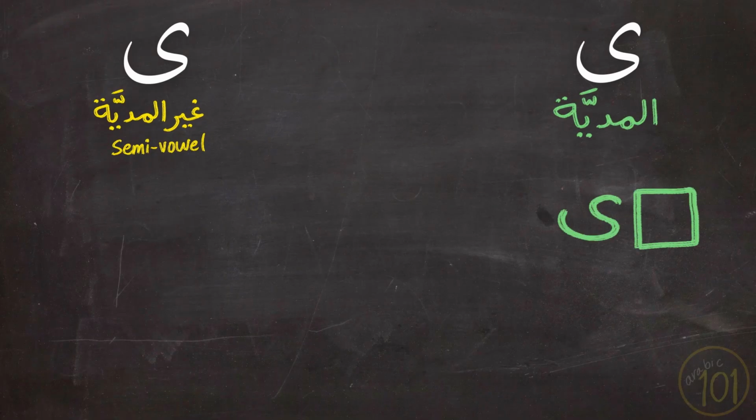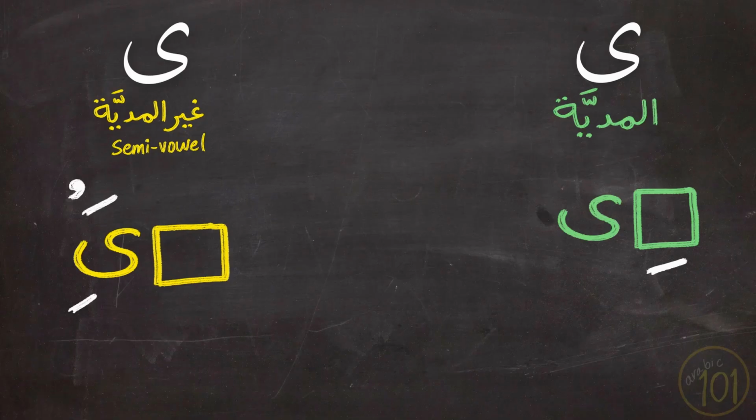And this happens when the ya is preceded by a letter that has kasra. And الياء غير المادية is a semi-vowel because it can accept short vowels like fatha, dhamma, or kasra, which happens only if it is preceded by anything other than kasra. Compare these examples.